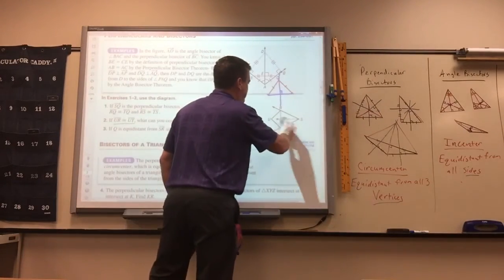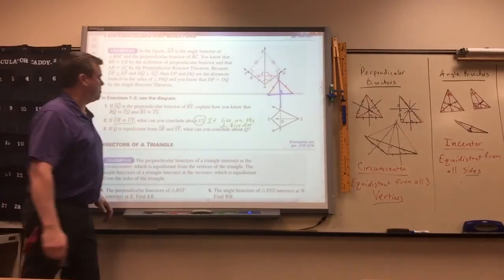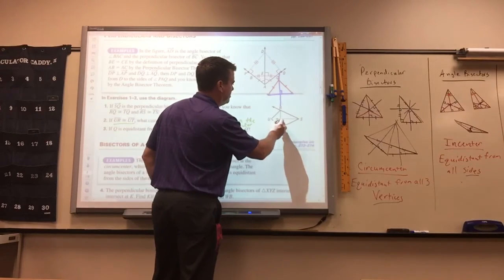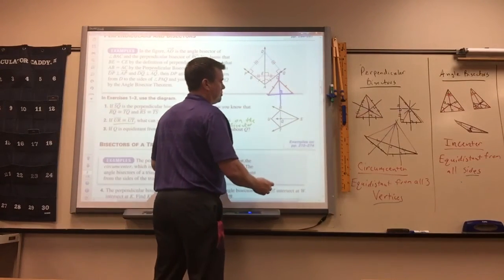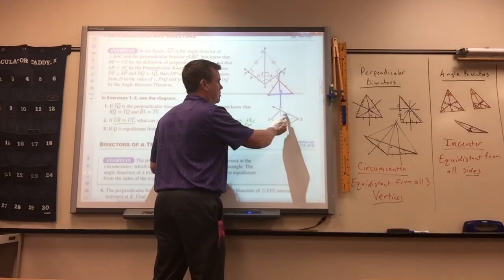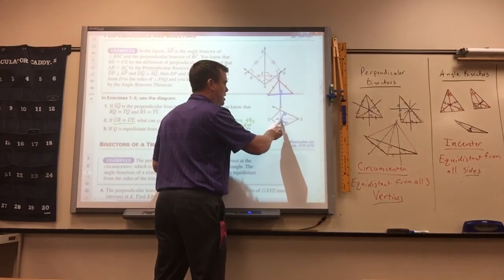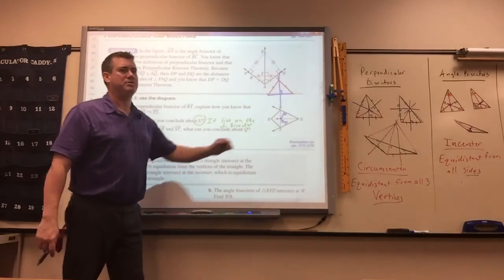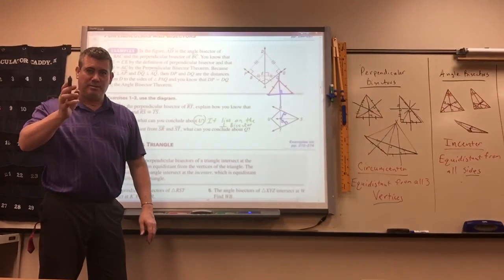So this last one, if Q is equidistant from SR and ST, SR is this one, so that means that's equal, and ST is this one, so that means that's equal. What can I conclude about that point if it's the same distance from the 2 sides? Perpendicular bisector?